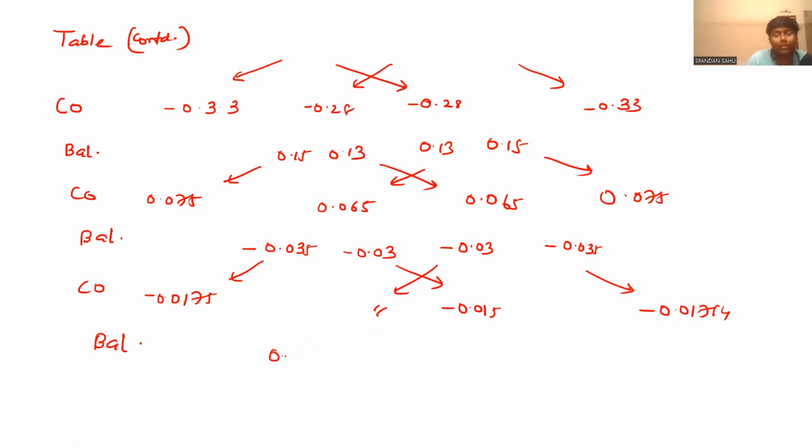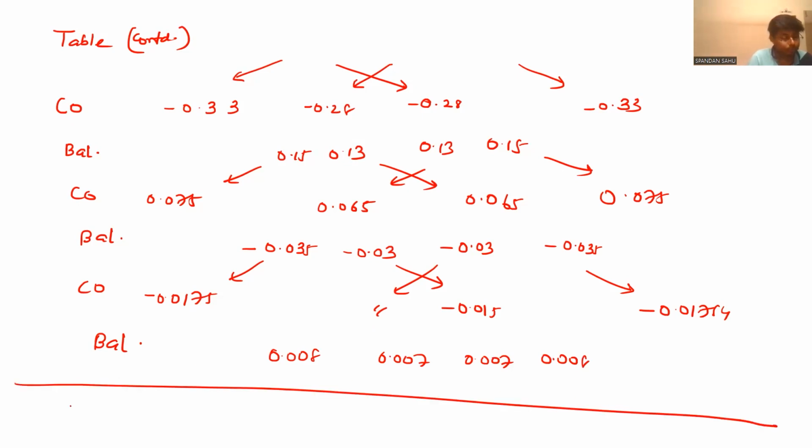This will come out with 0.008, 0.007, 0.007, 0.008. Now when you sum all those things, you will get minus 78, minus 56.09, 56.09, minus 56.09, minus 78. Okay, now you got it.